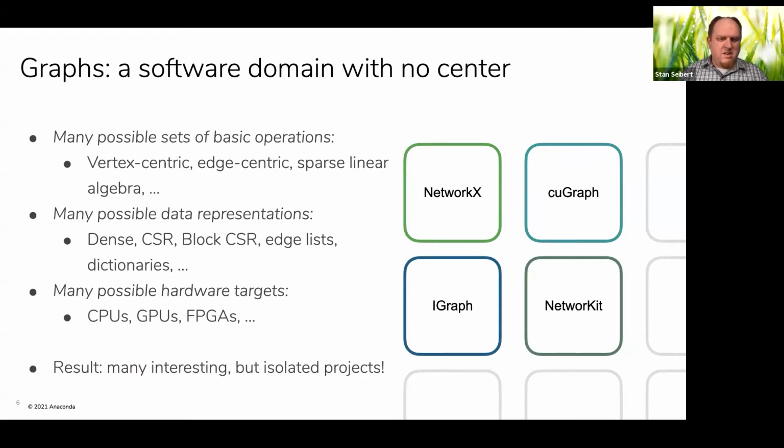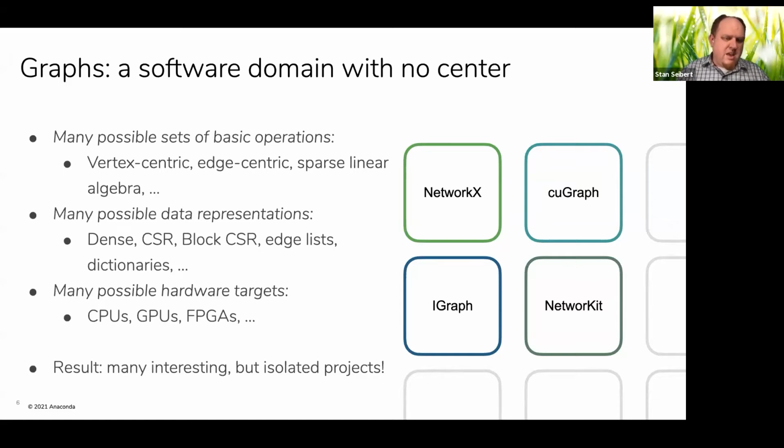One of the interesting things about graphs is they're fundamentally sparse data structures. And so there isn't one obvious way to represent a graph, and there are different advantages to different approaches. You could have a dense matrix, although that would be very space inefficient, or a CSR matrix, or a block CSR, or you could just have edge lists or dictionaries. I mean, there are a number of ways to represent the data.